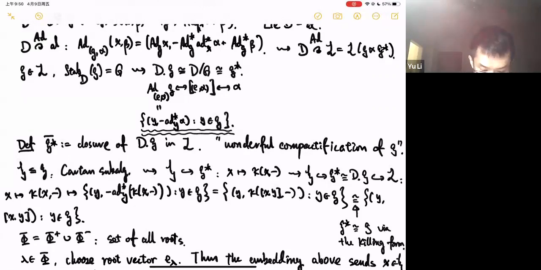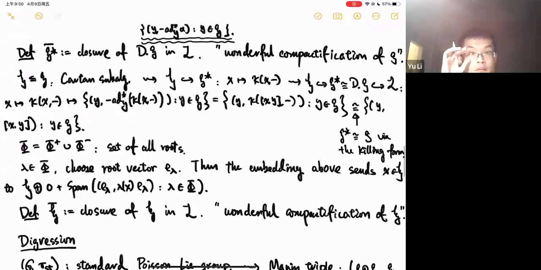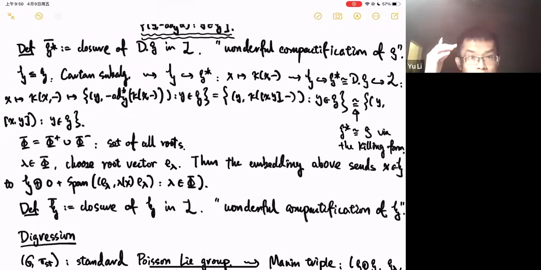All right, so then here comes the first important definition for today. I define G star bar to be the closure of the D orbit through g inside L. Now remember, L is a closed subvariety of the Grassmannian, so it's projective. So G star bar is also projective.